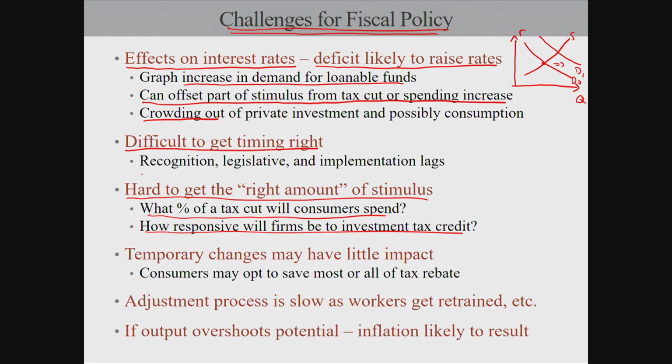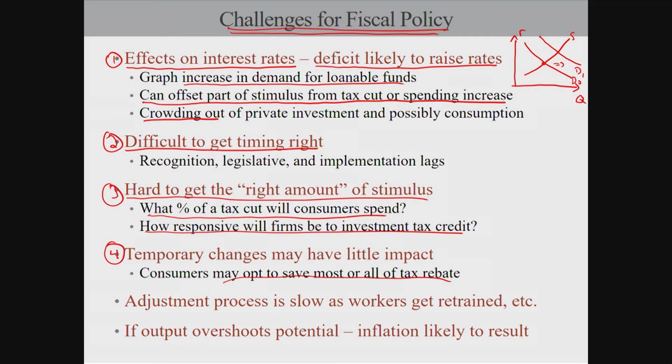You can sort of think of these as different challenges here. I'll put numbers on them. That was number 3. And then 4, temporary changes may have little impact. So a tax rebate, if we send a check to every person in the US for $1,000, people may realize that this is a one-time thing and may decide to put it in the bank and draw it down slowly.